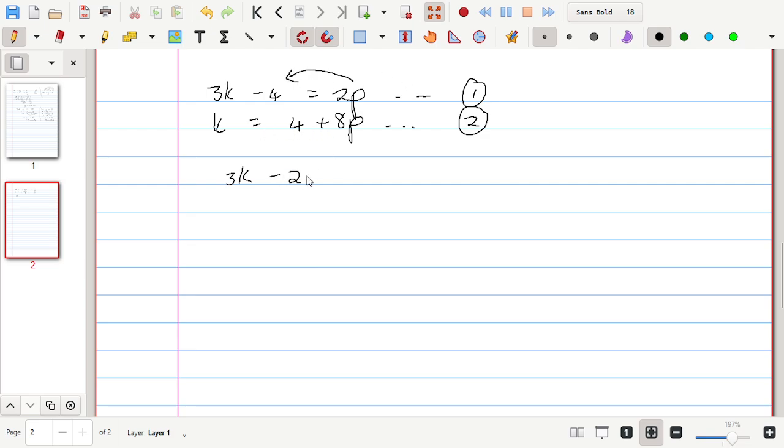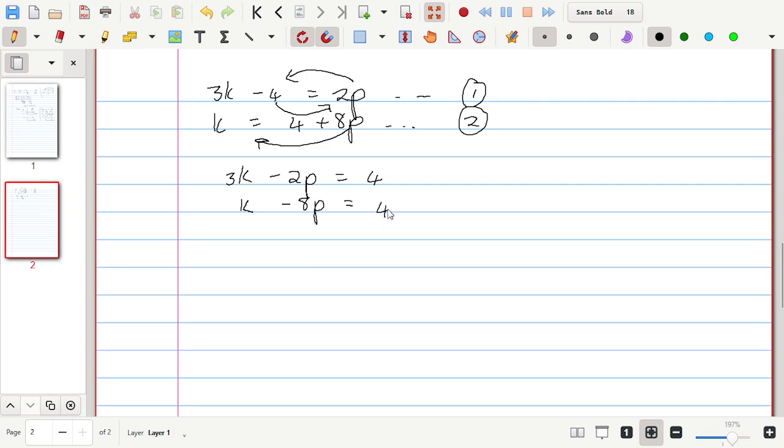So that's going to become minus 2p is equal to, take minus 4 over to the other side, that becomes positive 4. Next, in my second equation, I'm going to have k here. Then what I'm going to do is take the 8p over to the other side. So then this is going to become minus 8p is equal to, let's see, the 4, we leave that where it is.